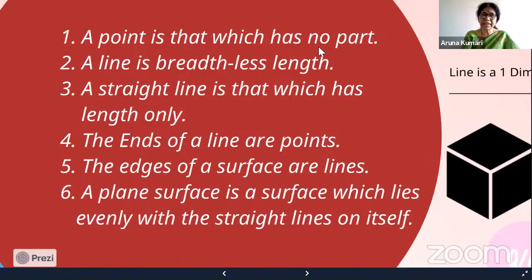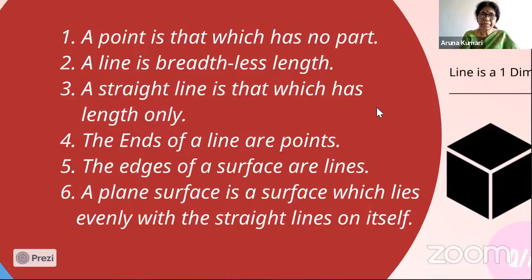You know what is curved line? Here we are looking at one curved line from here to here. Are you watching this, students? This is nothing but a curved line. That means even though the line is curved or straight, it has length only. That means no breadth. Okay, students.